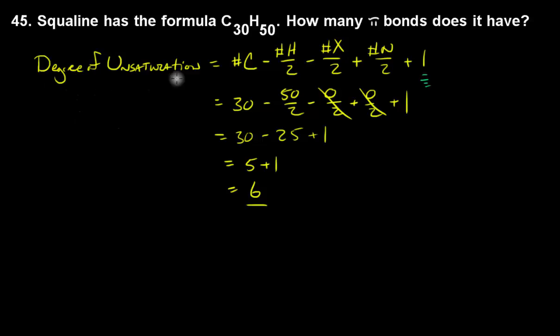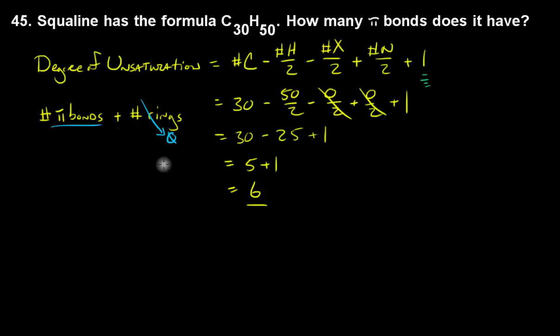Whenever you calculate degree of unsaturation, what you're really calculating is the number of pi bonds plus the number of rings in a molecule. Keep in mind that this number of rings could equal 0. So if you know that this is 0, then all you're calculating is the number of pi bonds. If that's 0, then all you have to worry about is pi.